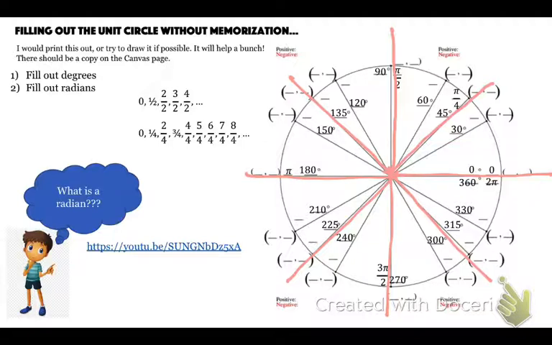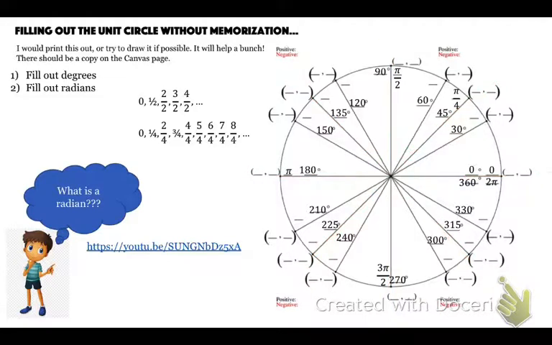Notice we already have some values on some of those, and that's because those fractions reduce, and we already found them. So that means that this is 3 pi fourths, 225 would be 5 pi fourths, and 315 would be 7 pi fourths.